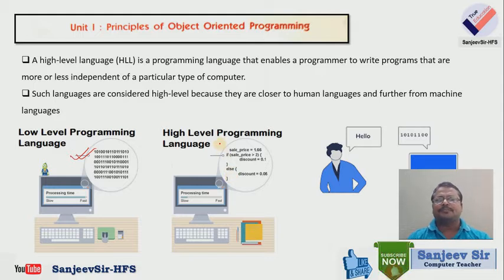These codes or instructions we have written are in the form of English language, so it's easier to learn and easier to understand.